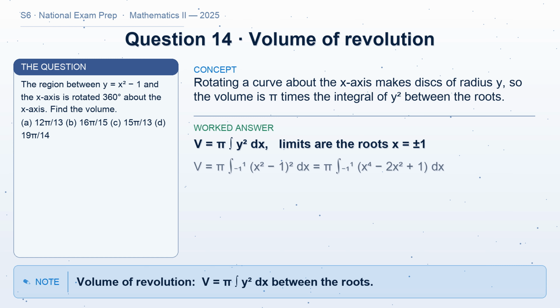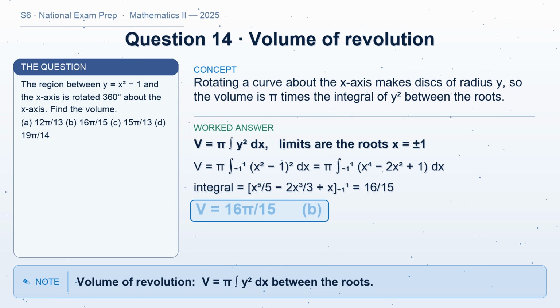The curve meets the x-axis where x squared minus 1 is 0. That is at minus 1 and 1, so those are our limits. Squaring gives x to the fourth minus 2x squared plus 1, and integrating from minus 1 to 1 gives 16/15. So the volume is 16 pi over 15. The answer is option B.